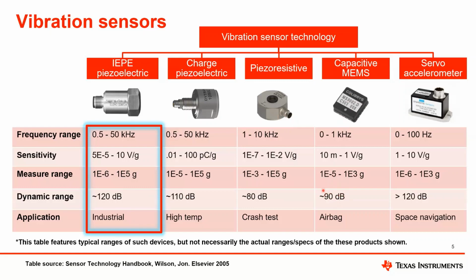And more common is the IEPE, which is the industry standard integrated electronics piezoelectric accelerometer. This type of sensor offers the optimal performance with respect to dynamic range and bandwidth. We see here bandwidth going to 50 kilohertz and dynamic range over 120 dB.